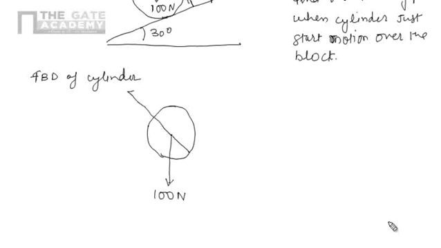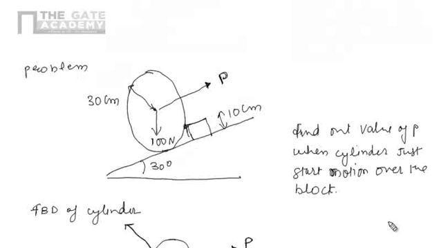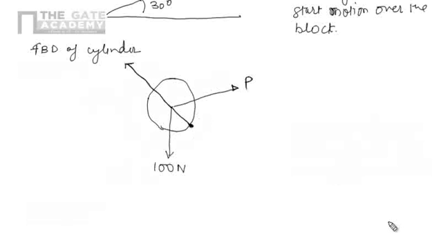It's coming like that. And third one, that is the force P, which is parallel to the plane. And suppose this obstacle point is A. So here we can also note this point is A. So now we are having the three forces, the reaction, the force P and 100. And now we have to find out the value of P.